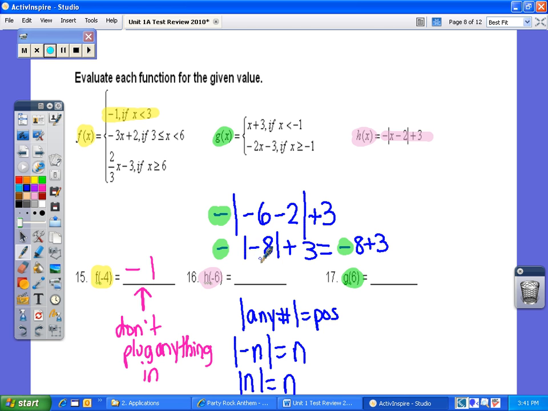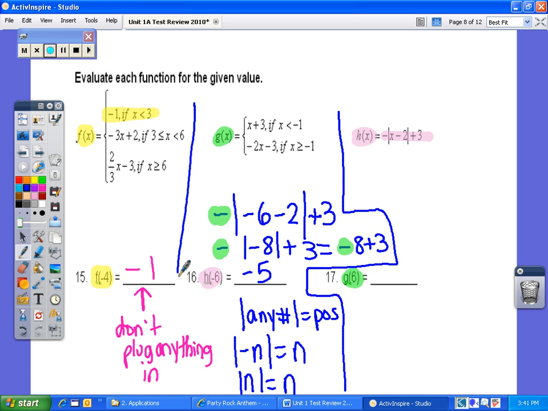So we took the absolute value of -8 and changed it to +8. Now we take this negative from the outside and apply it. So -8 plus 3 is going to give you -5. Alright, let me just separate this question.